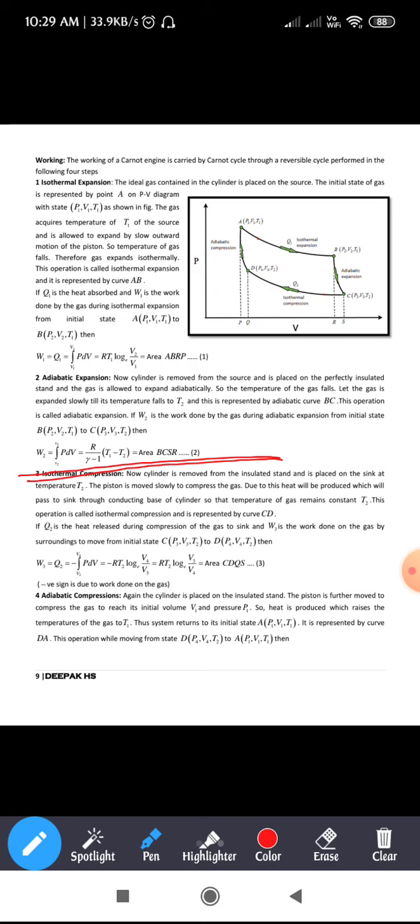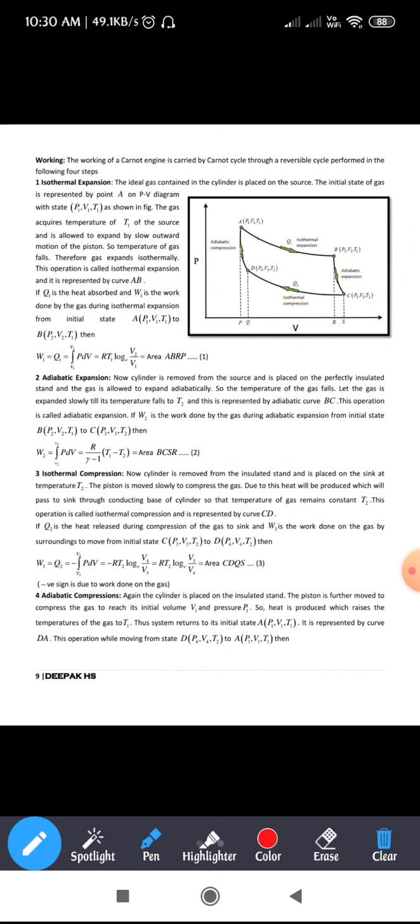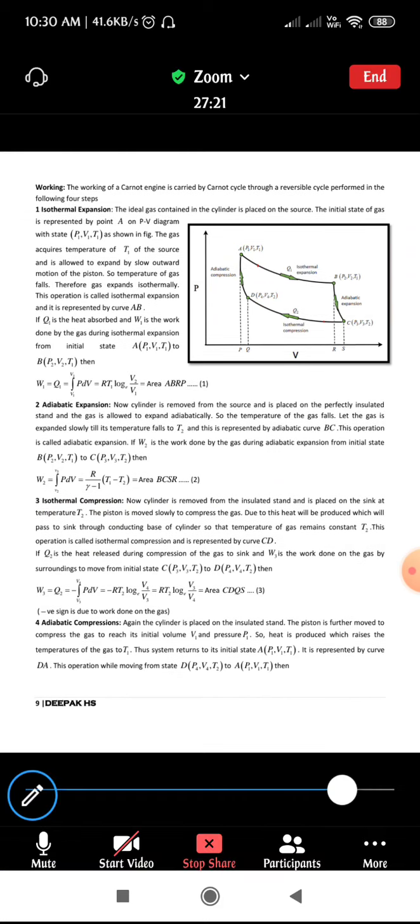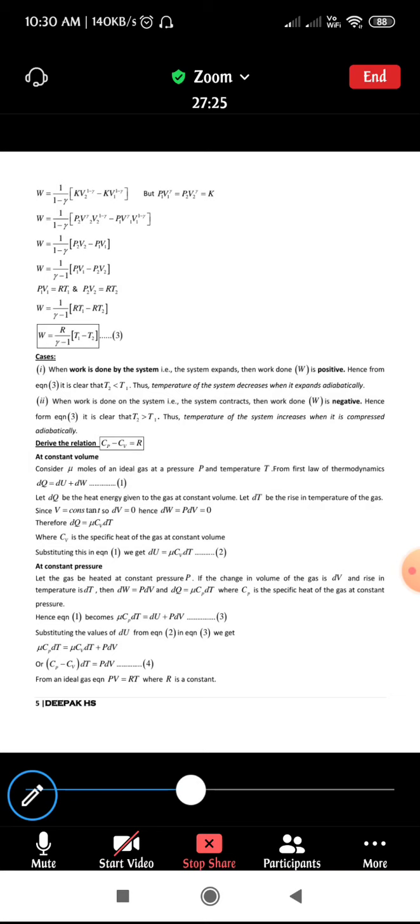That work done is W2, equal to the integral from V2 to V3, since the volume is changing from V2 to V3 in the adiabatic expansion, of P dV, which equals R divided by gamma minus 1, into T1 minus T2. This is the equation of work done in an adiabatic process.